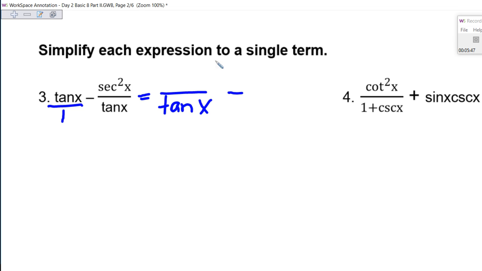So the second fraction is ready to go. It already has tangent of x in the denominator. Now looking at the first one, what do you multiply 1 by to get tangent of x? Tangent of x. So the numerator has to be multiplied by tangent of x.